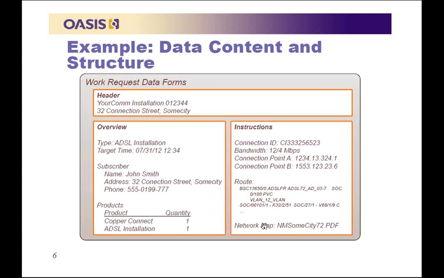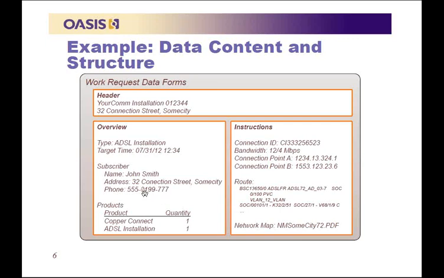And finally, there can also be binary attachments associated with the work request, for example, to provide additional documentation or instructions. And then, while the FFMI user interface does not go into details when it comes to visualization, it allows the enterprise resource management to provide some visualization hints for the field force management.